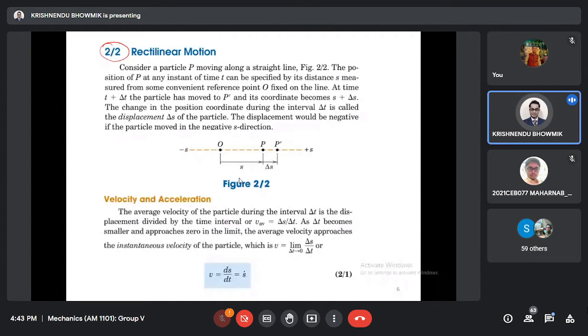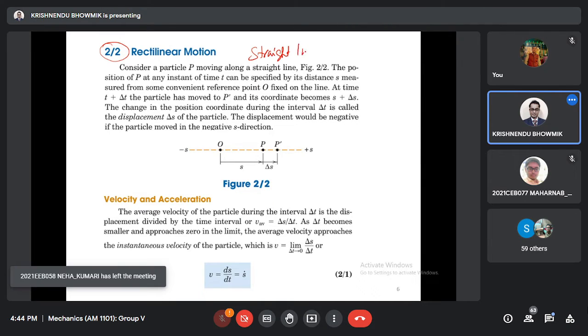Now, as I told, in 3D a particle can move along any arbitrary path. Then we can have an XYZ coordinate, or R theta Z coordinate, or R theta phi spherical coordinate. But when one particle is moving along a straight line, we call that type of motion rectilinear motion.